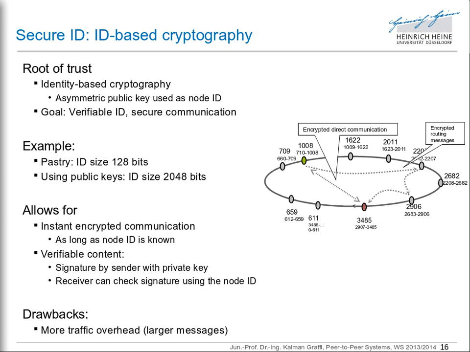So instead of using RSA, we can use, for example, ECC, which is elliptic curve cryptography. Here we get an equal security level with much smaller IDs. For example, in web peer-to-peer we use IDs that are 256 bits long.